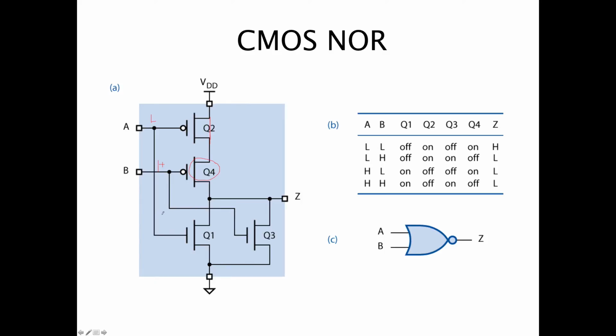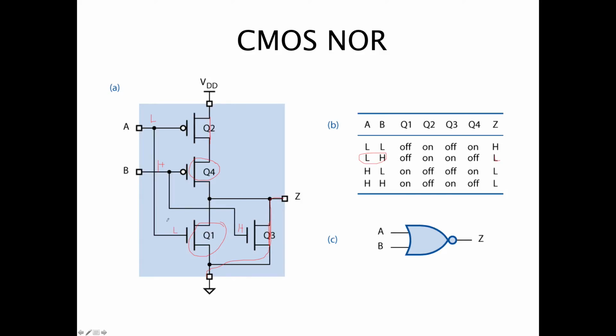Let's check the rest. This is a low following the lines, and this would be a high following the lines. So this transistor is open, but this one's closed. Since it's closed, there's a path from Z down to ground, so Z must be tied to low. With this combination, low-high, the output should be a low.